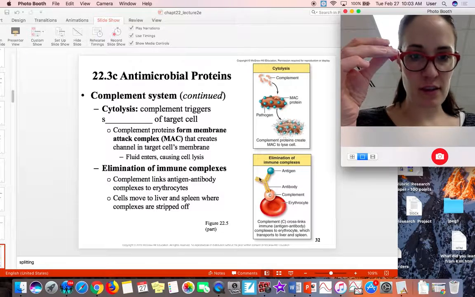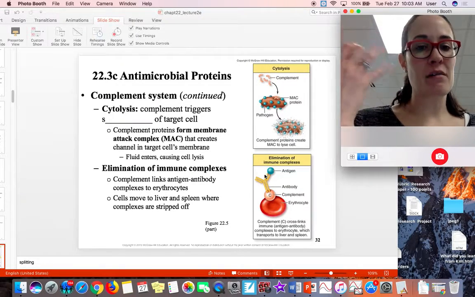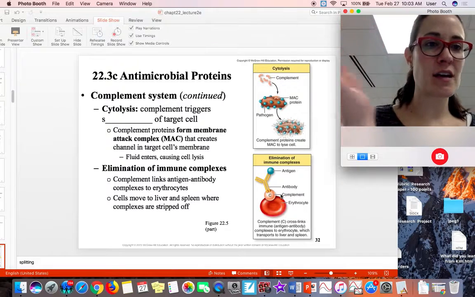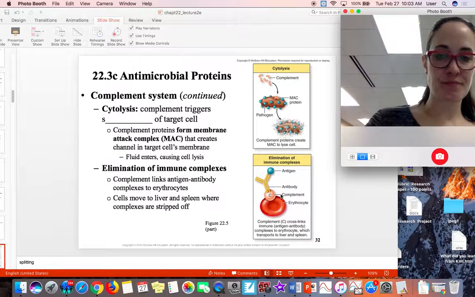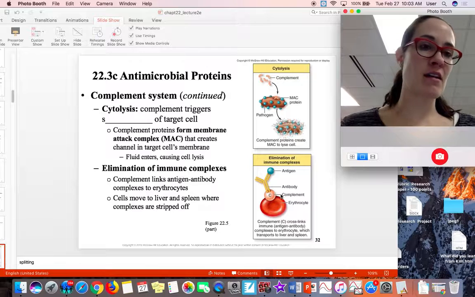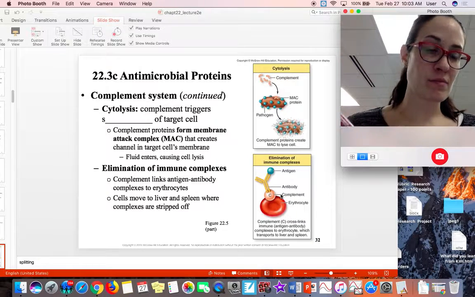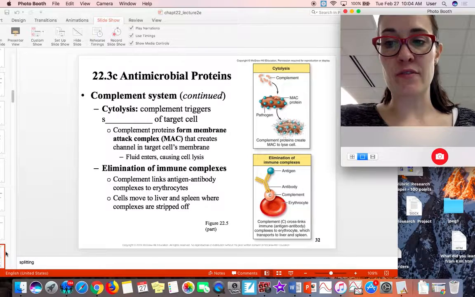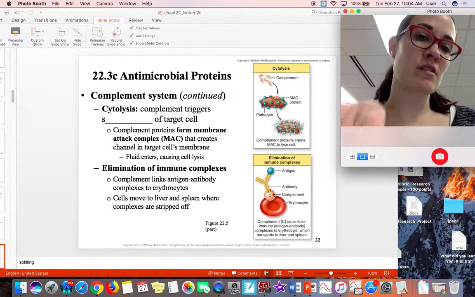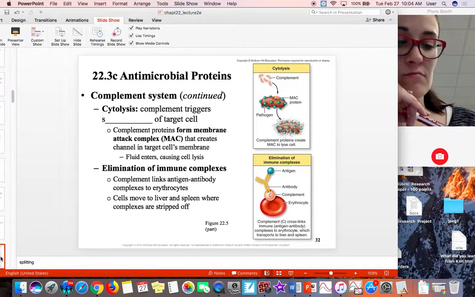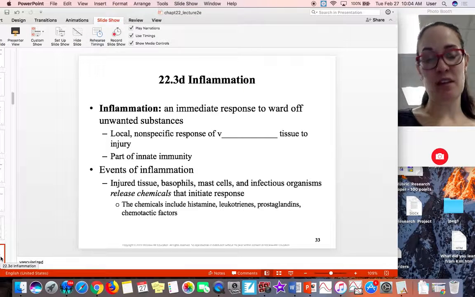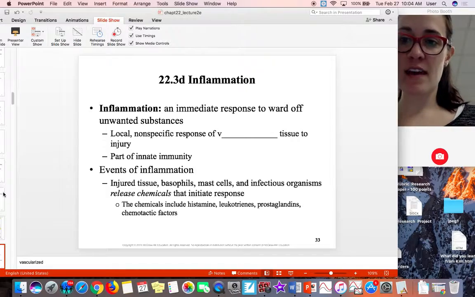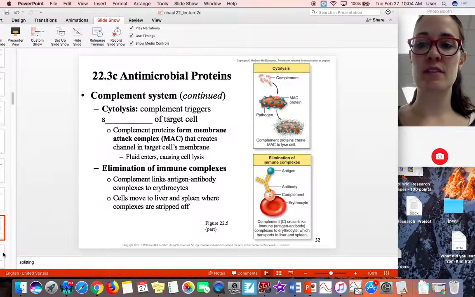Complement can bind to that and link different complexes together, and then hook them to red blood cells. The red blood cells will eventually be routed to the liver and the spleen, in which those antigens can be removed from the body. So there are 4 different specific things that complement can lead to, and there are good pictures to explain that.